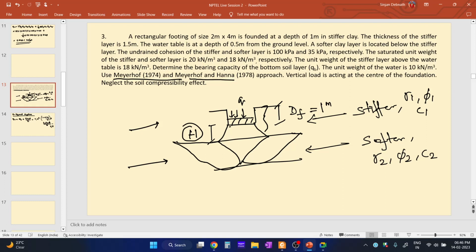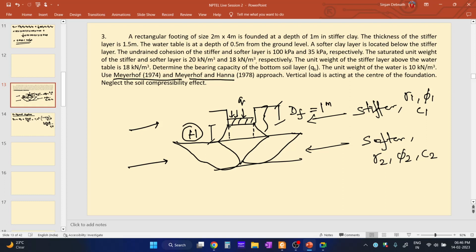Now what is happening is that the foundation is trying to move downwards like punching shear. Meyerhof assumed that the foundation moves like this along this dotted line.